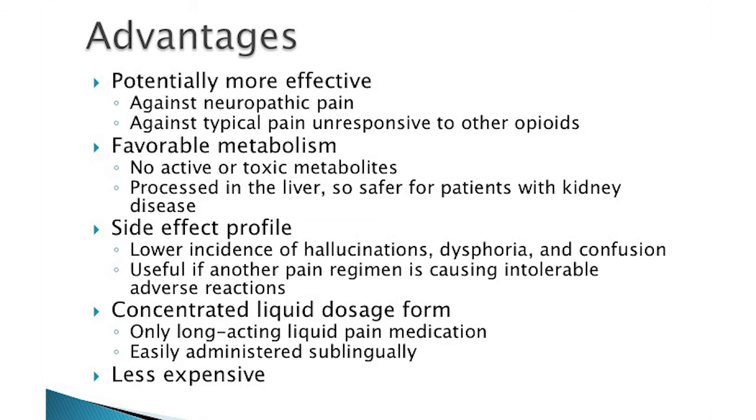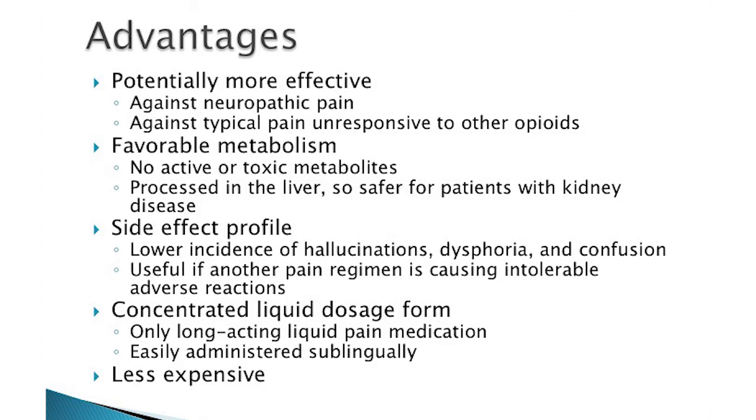For instance, if constipation becomes unbearable despite all the interventions, maybe switching to methadone would be a good idea. In addition, there's a lower incidence of hallucinations, dysphoria, and confusion, which will be helpful to patients and families as well. Obviously, people don't want to see those kinds of things happening.